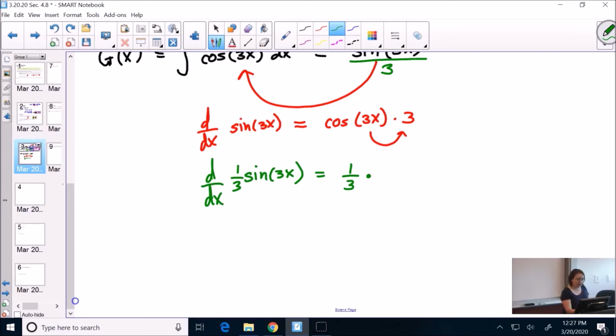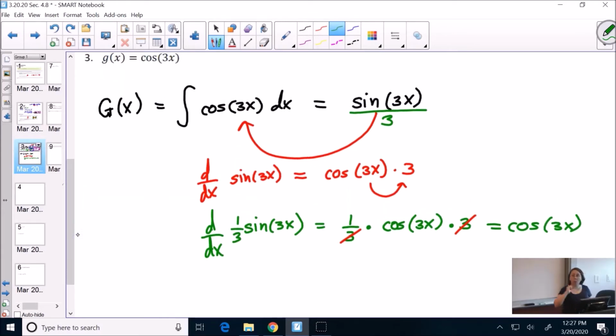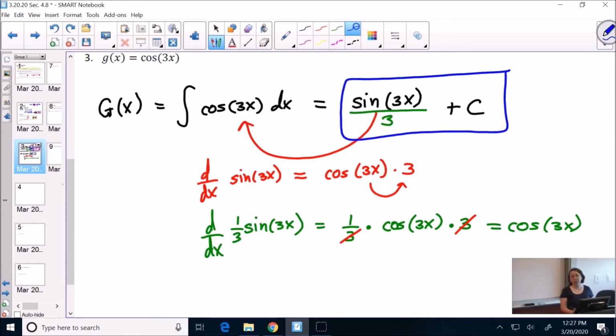The derivative of sine is cosine. Inside stays the same, times the derivative of the inside. The 3's cancel, and we end up with our original function. So I just checked my work. Yes, this is in fact one of the antiderivatives. To get the entire family, we simply add plus c. This would be the antiderivative of the original function. Alright?